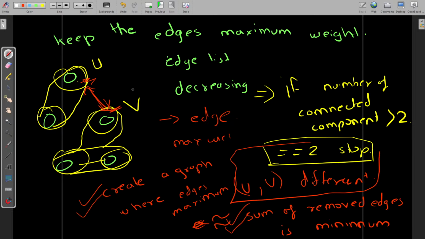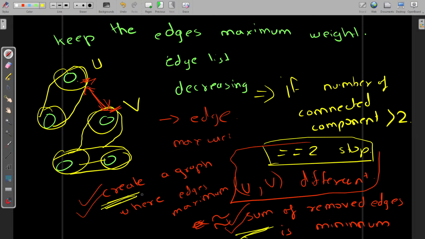And this was asked in the problem, and we are looking at the problem from this angle. Create a graph where edges are maximum, and what was asked is that the sum of removed edges is minimum. So we will solve this problem because, as we saw, these are different sides of the same coin.